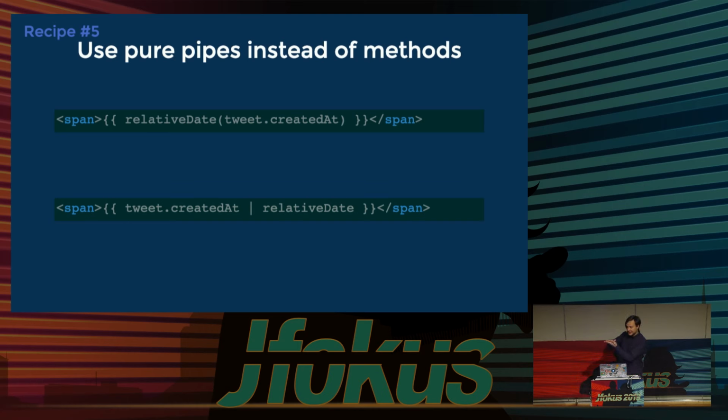In this list of tweets, we want to show not the real date, but the date compared to today. So instead of just a direct date, we want to say, was it yesterday or today or a few minutes ago?